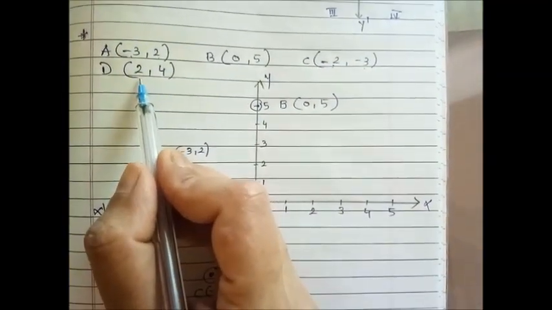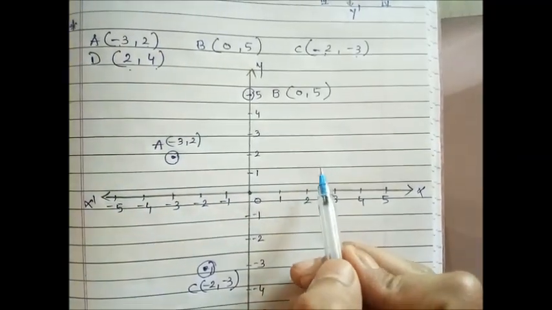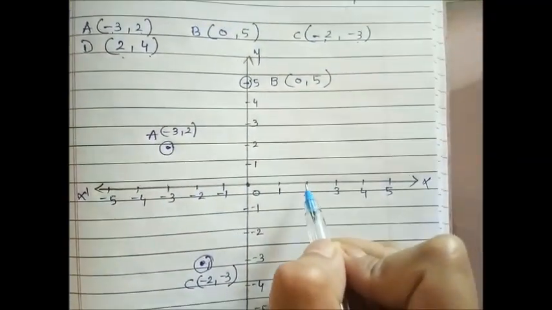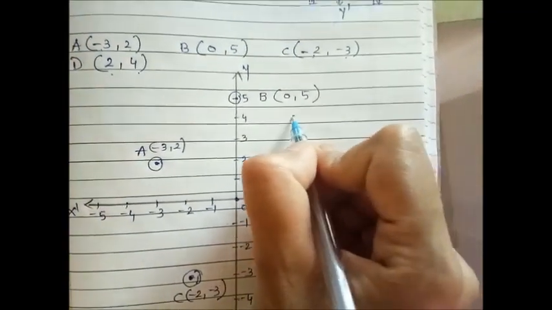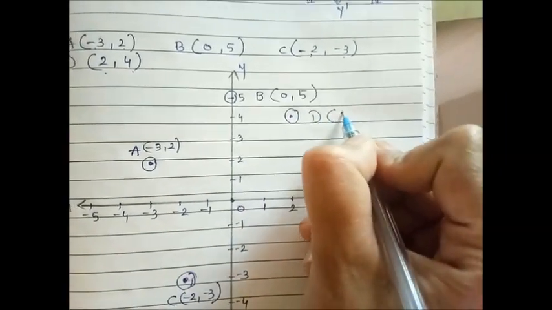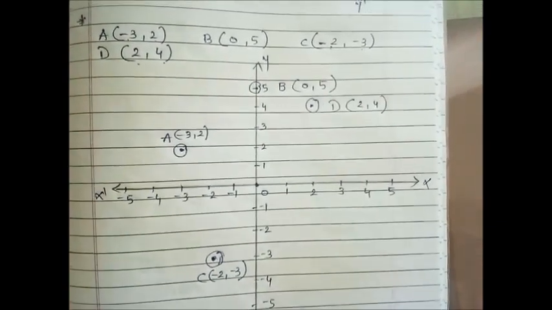Now our next, that is 2 and 4, both are positive. That means in the first quadrant, x is 2 and y is 4. So from 2 and 4, that is here. So this will be our point D, 2 and 4, right? This way you can plot the points.